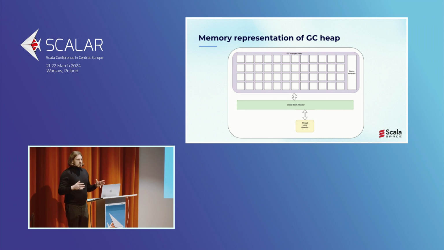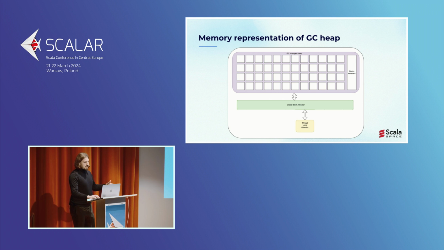We don't allocate objects directly on the heap. We use blocks for that. And so we have the thread-local allocator at the very bottom of the screen that creates space for new objects based on the blocks provided to it by the global block allocator.